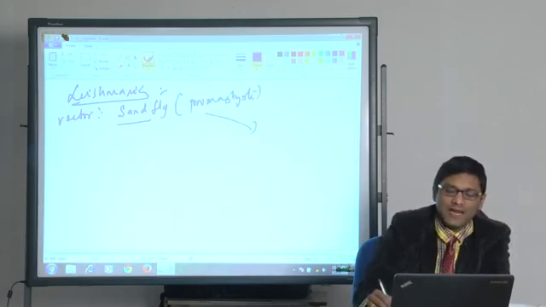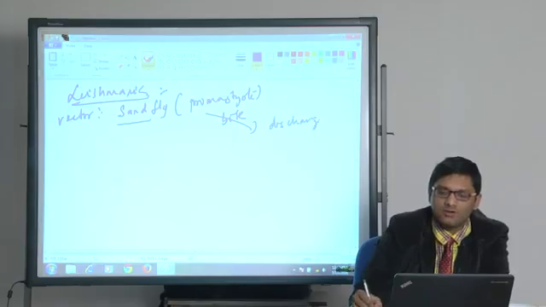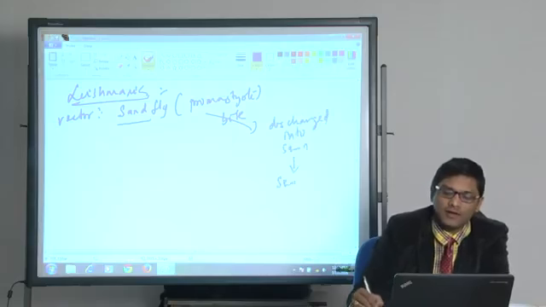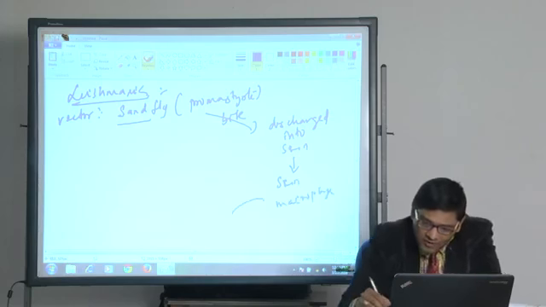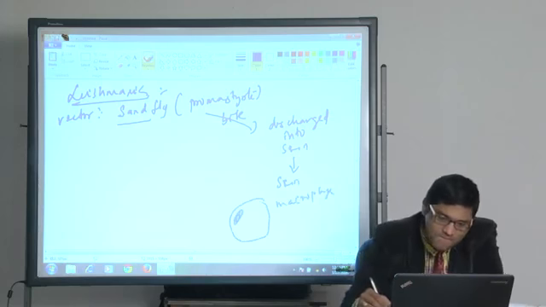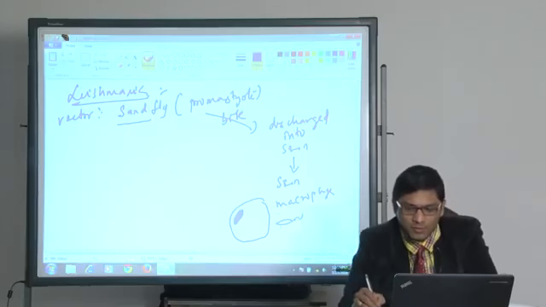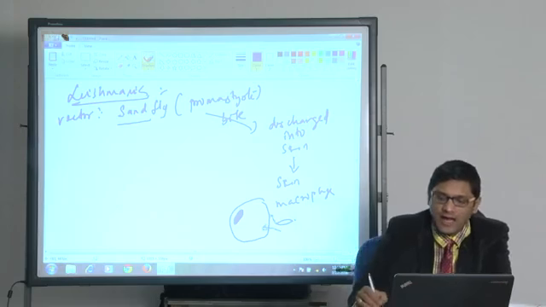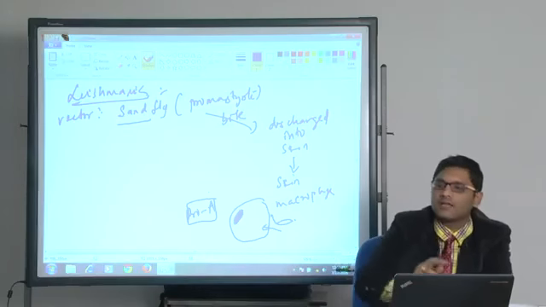So when the sandfly bites, the promastigote form will be discharged onto the skin and will be taken up by skin macrophages. Inside the macrophage, promastigote to amastigote transformation will take place.